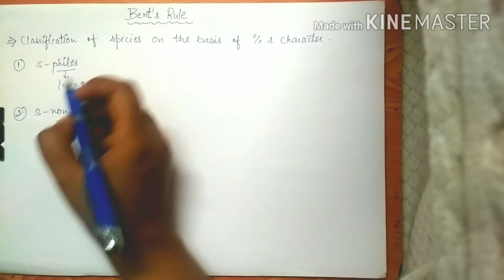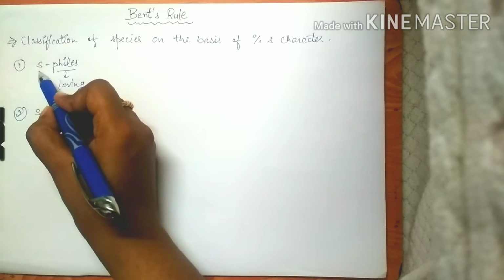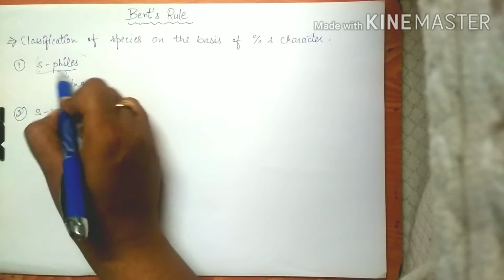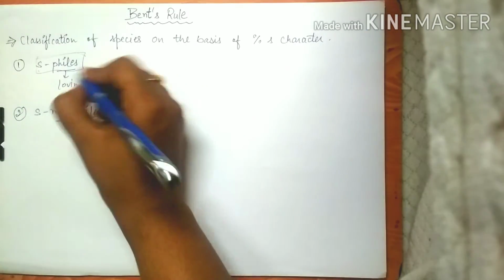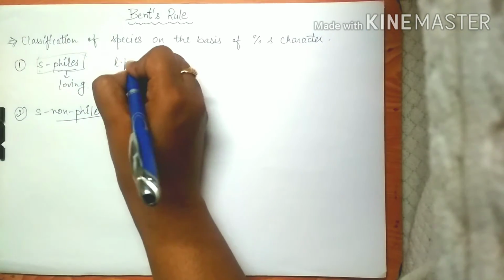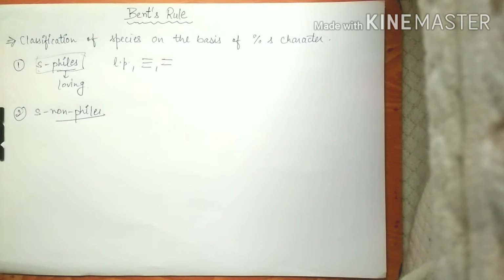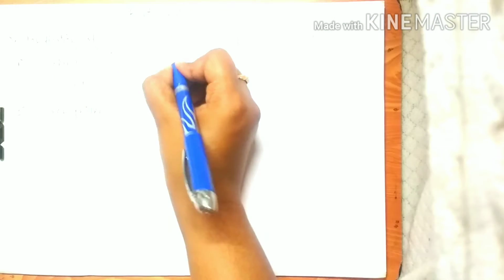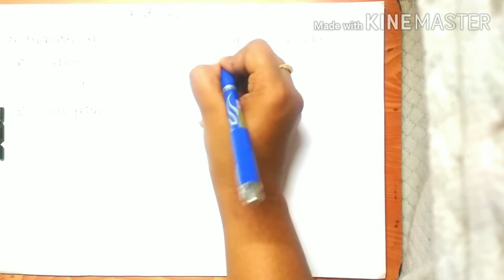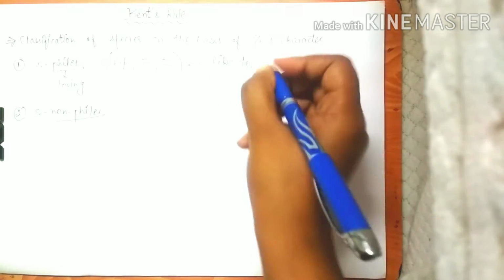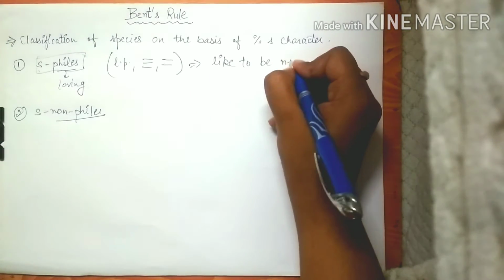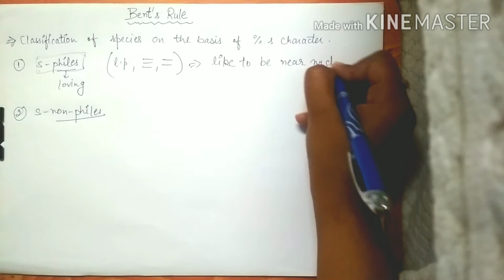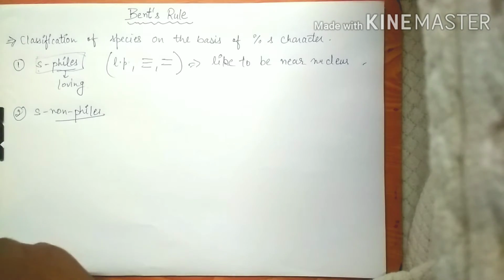So the species which love percentage S character will come under the category of S-philes. S-philes will be like your lone pair, your triple bond, your double bond. These come into the category of S-philes because they love percentage S character. Basically, they like to be near the nucleus. That is why they love percentage S character.